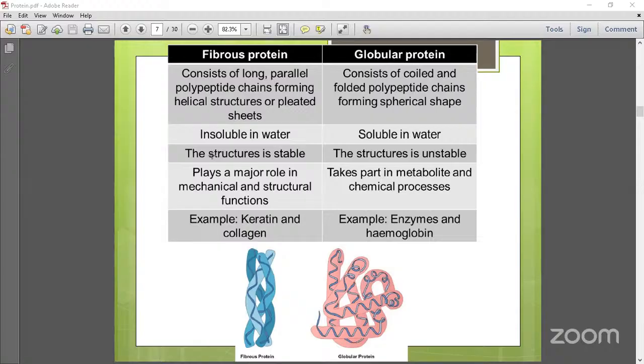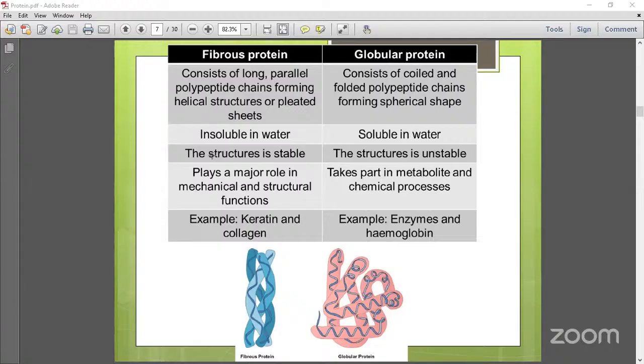The structures are stable in case of fibrous proteins, whereas the structures are unstable in case of globular proteins. And fibrous proteins play a major role in mechanical and structural function, whereas the globular proteins take part in metabolic and chemical processes.